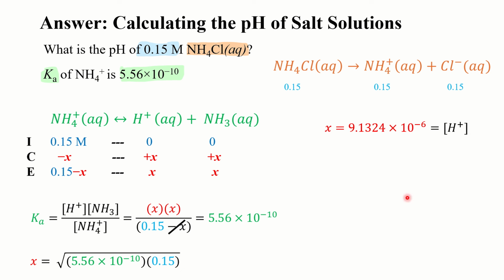You should find that x equals around 9.1324 times 10 to the negative 6th. This gives us the H+ concentration, and then recalling that pH is equal to the negative log of H+, pH equals the negative log of that x value, and finally we get the answer pH equals 5.04.